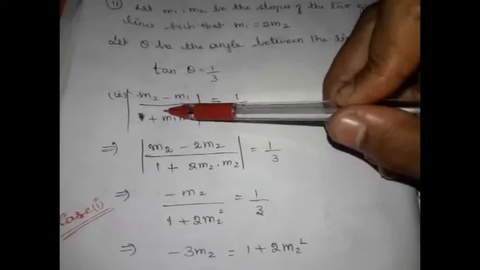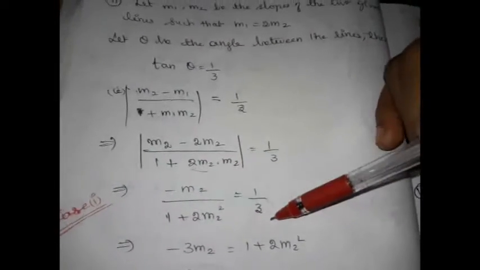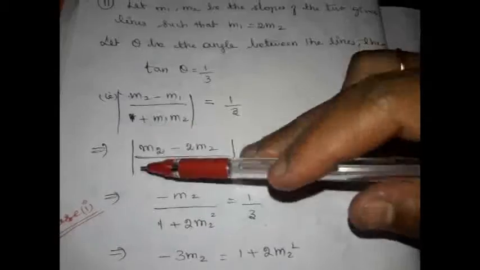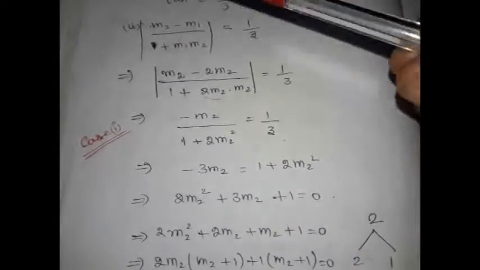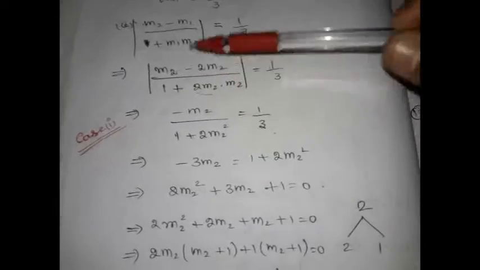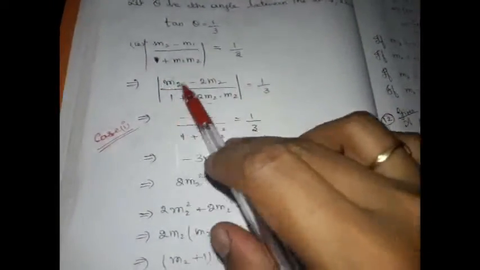Again, because we have m1 here, I have replaced it with 2m2, so it is 2m2 square, which is equal to 1 by 3. Since this is inside the modulus, two cases can arise. Case 1, this can be positive, or case 2, this can be negative. Again I repeat, this is inside the modulus, so either the answer can be positive or the answer can be negative.